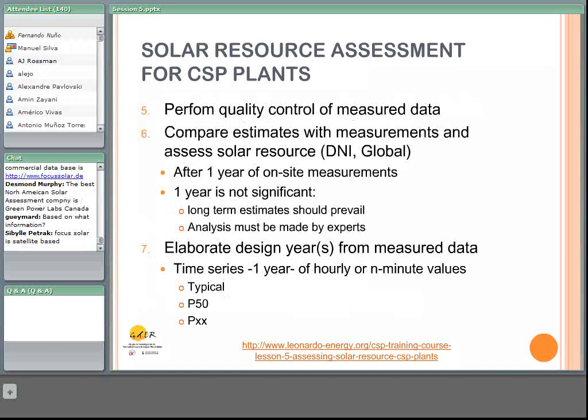Or in some cases the P75, percentile 75 or 25, etc. That depends on the requirements mainly of the banks, which try to make sure that they are lending their money to a project which can return it on time, certainly. These are some recommendations for a good solar resource assessment.